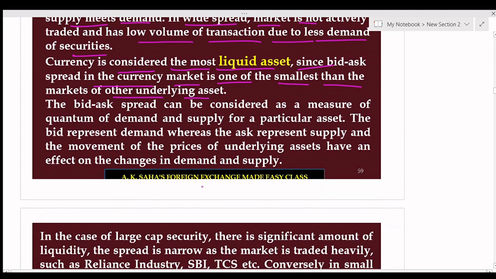The bid-ask spread can be considered as a measure of the quantum of demand and supply for a particular asset. The bid represents demand whereas the ask represents supply, and the movement of the prices of the underlying asset has an effect on the changes in demand and supply.